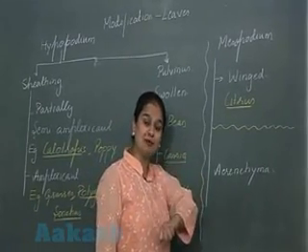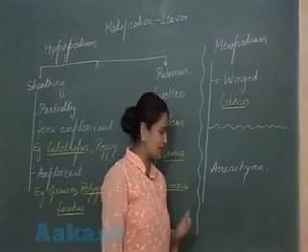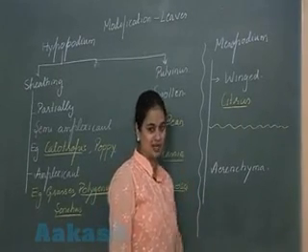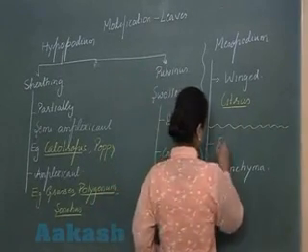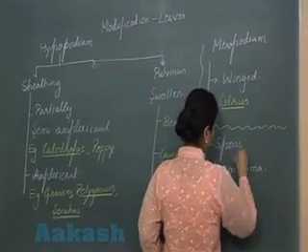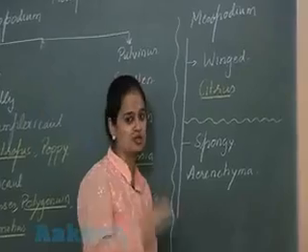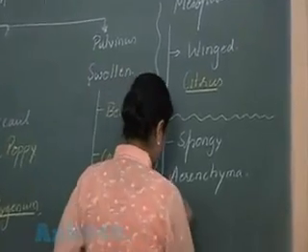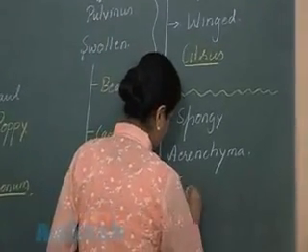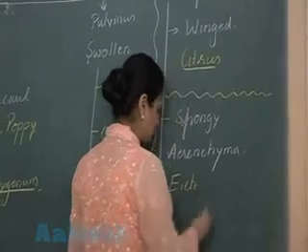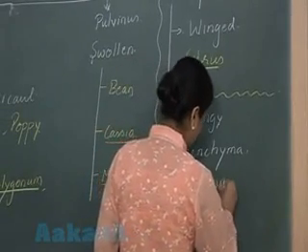Such a petiole which possesses abundant parenchyma is known as spongy petiole. This spongy petiole is present in the most noxious water weed, known to all of you, that is Eichhornia.